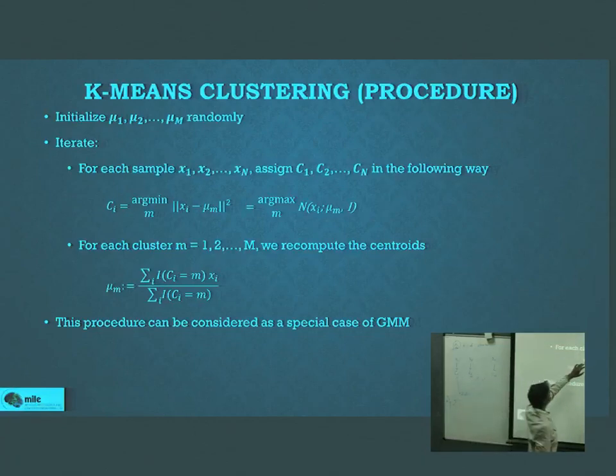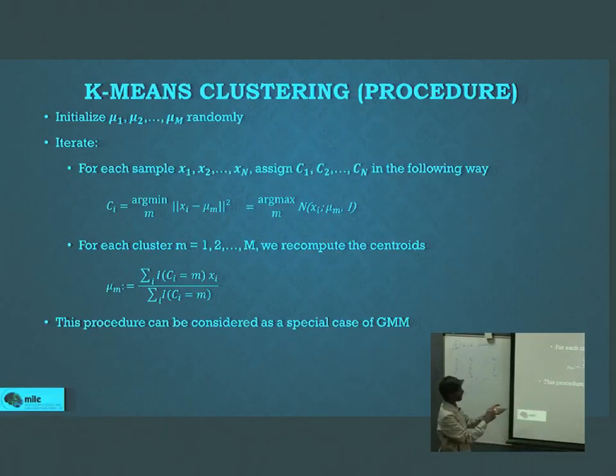Here you see that this is a Euclidean distance, which you can view as the argmax of the normal distribution with center mu and identity covariance. This is a very simple thing to prove.